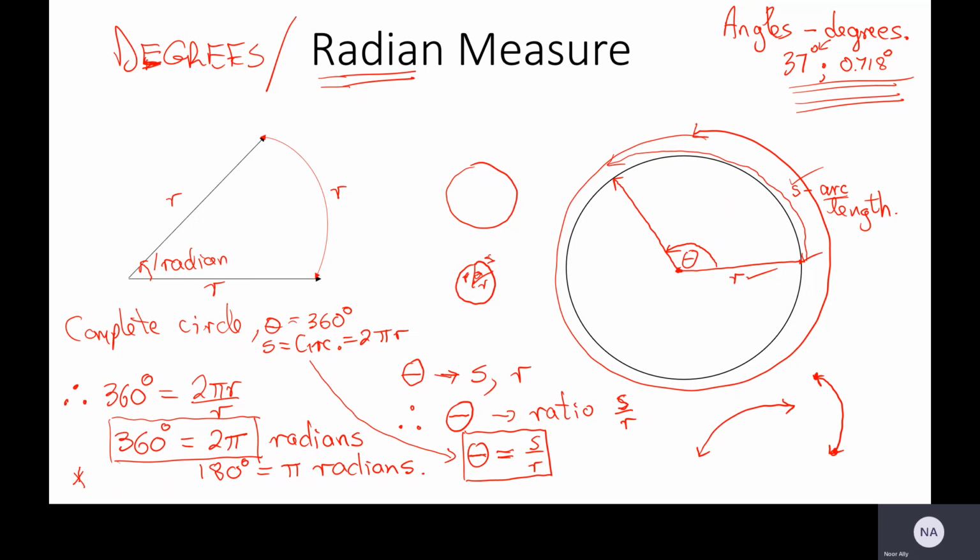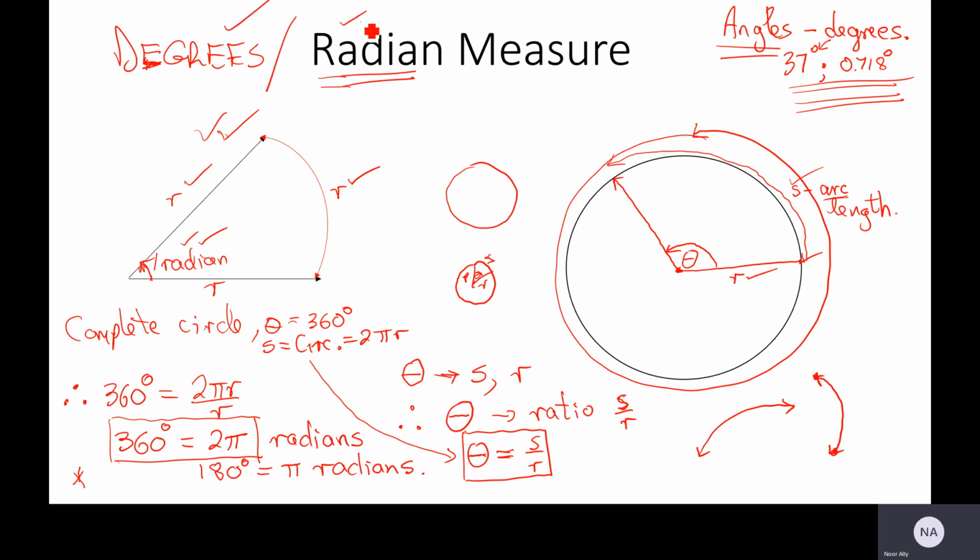So when we can find a circle, or a situation as I've indicated here, where the radius is equal to its arc length, then that will subtend an angle of 1 radian measure. Now that is the concept of radians. Simply, it is a dimensionless quantity. It is another way of measuring angles.